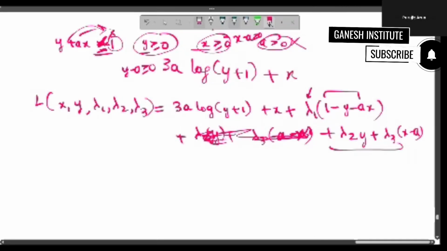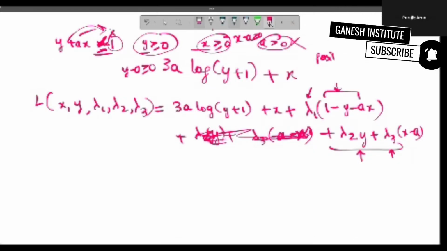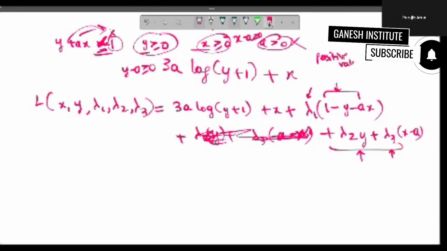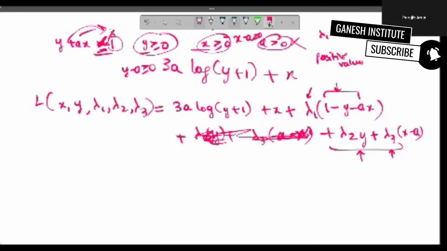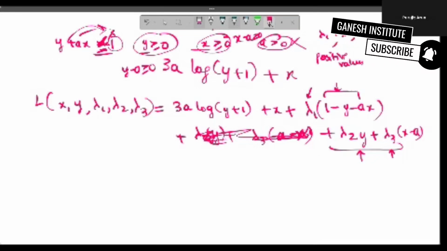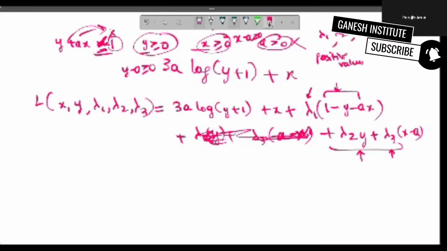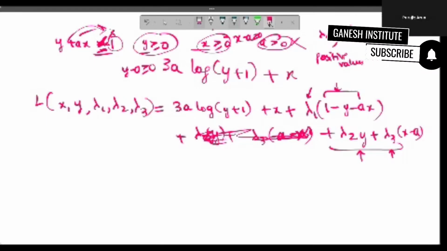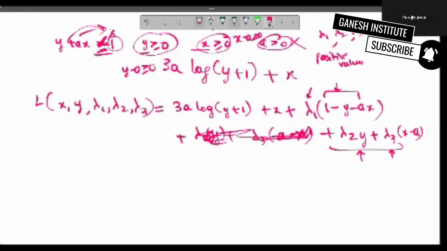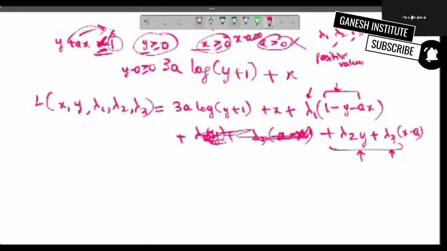So here you have to consider the positive values only, right? Values for lambdas have to be positive, right? That's why you are taking it from the greater number minus the smaller number. You will not do the same thing in Lagrange.